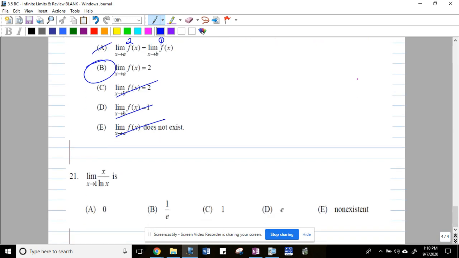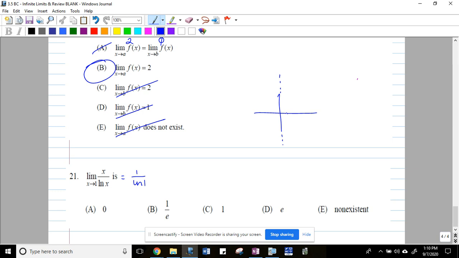What about this last one? Let's see. The limit as x approaches 1. If I do direct substitution, I get 1 divided by natural log of 1. What's that equal to? 1 divided by natural log of 1. Does natural log of 1 exist, first of all? Think about that natural log graph. Remember, it had a vertical asymptote at 0.